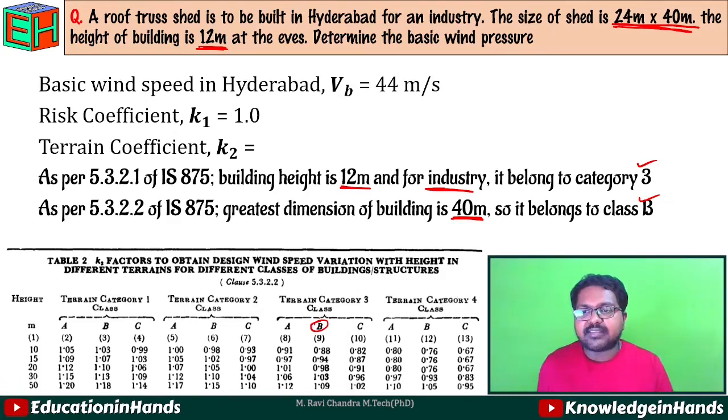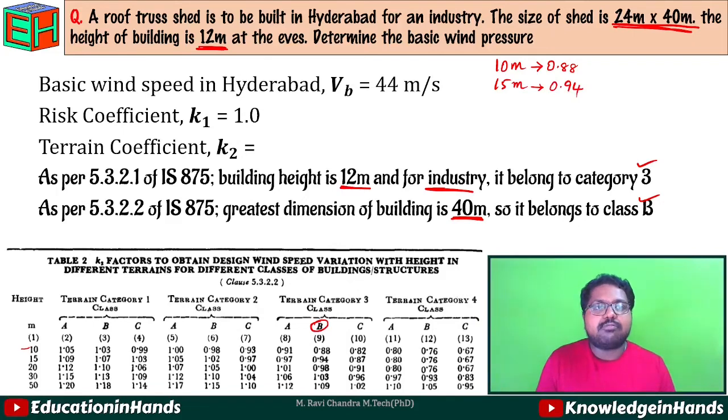And here the height is 10 meters. For 10 meters, the K2 value is 0.88, and for 15 meters the K2 value is 0.94. But we need the value of K2 for 12 meters. Let's do the interpolation.